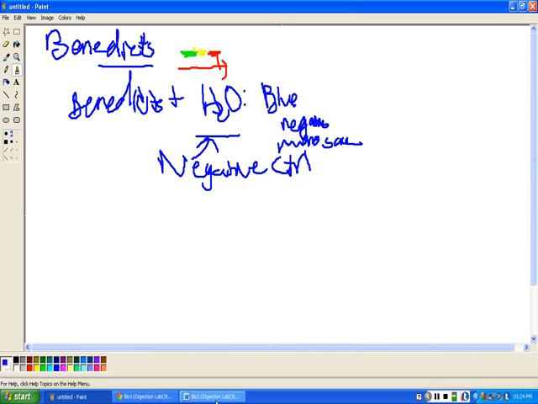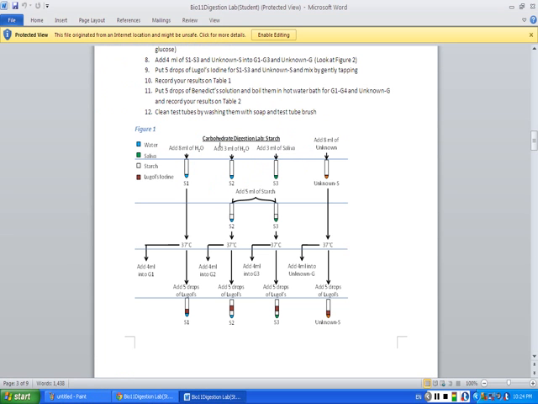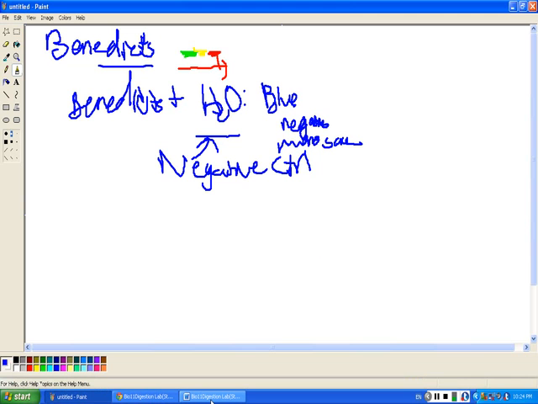Okay, so the next one, we wanted to test this out, but we put in starch with Benedict's, just to see if starch reacts with Benedict's.